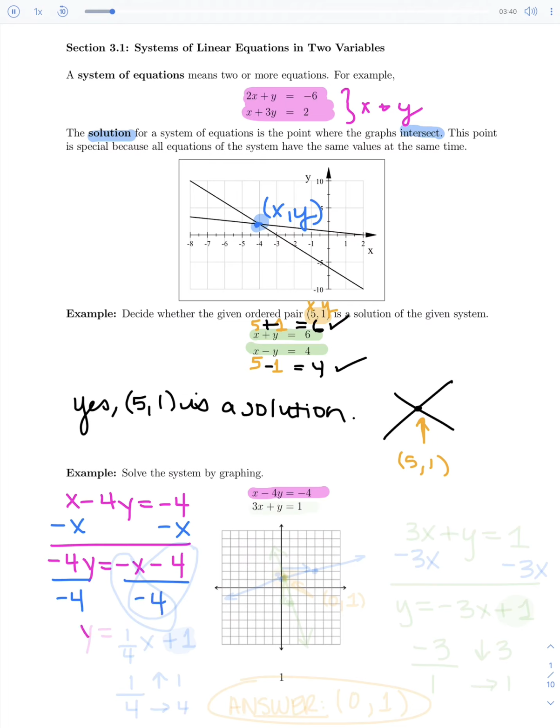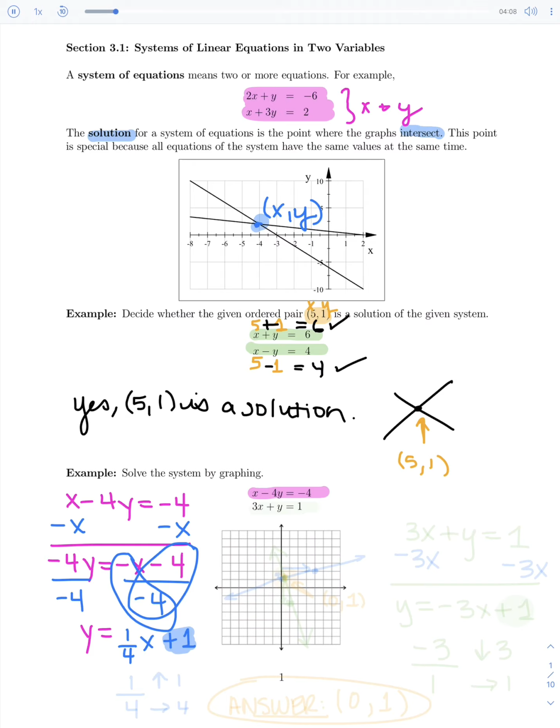That gets me a y equals, be careful, we've got a negative 1 divided by a negative 4, which will give us a positive 1/4 x. And then we also have a negative 4 divided by a negative 4, which will give us a positive 1. So let's look at graphing this now. Remember, we always start out first with your y-intercept, which is positive 1.